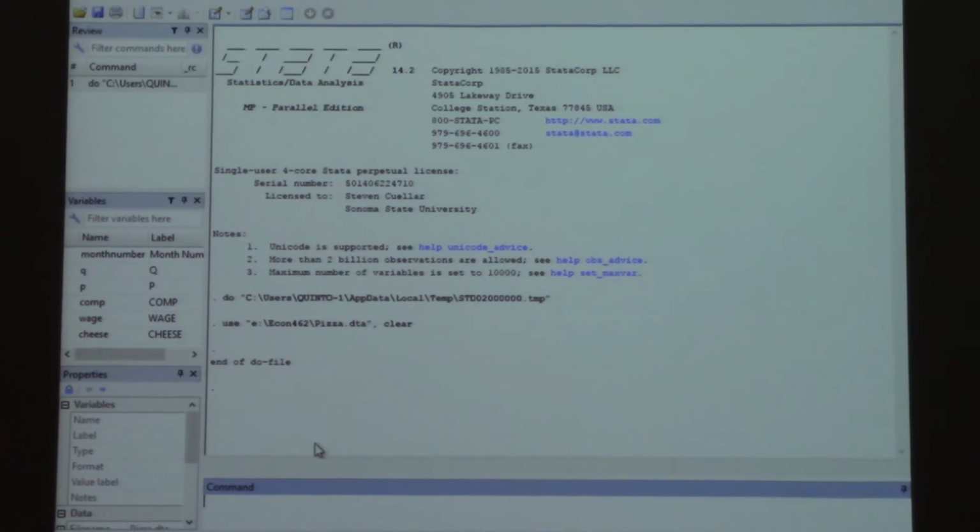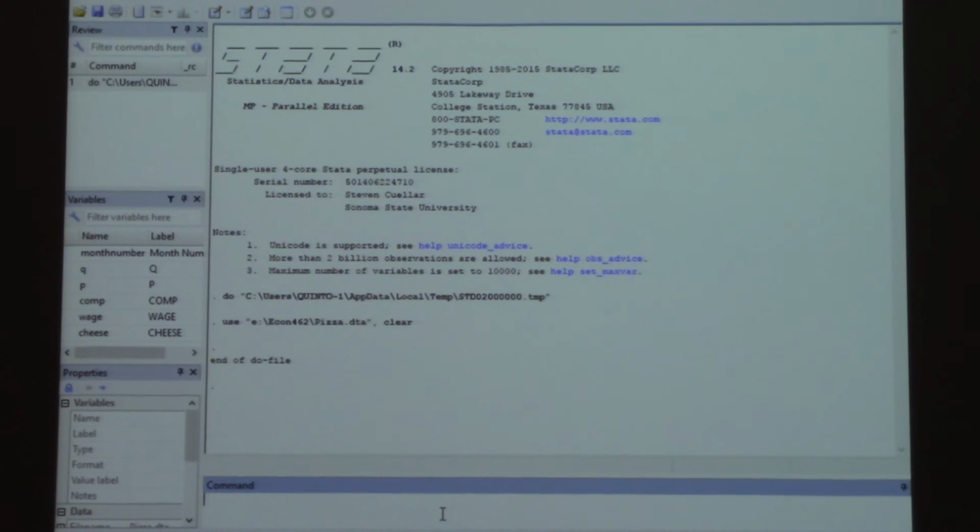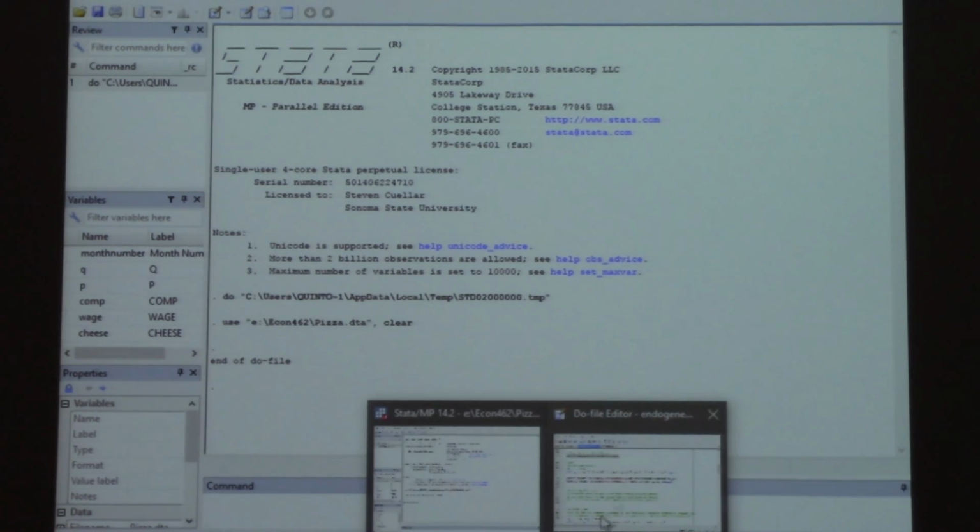So let's assume we're going to estimate a demand curve. So we're going to include those things that belong in demand. So we want quantity as a function of price. Does wage belong in the demand function? Nope. Does the price of cheese belong in the demand function? Nope. But the price of competitors does. So we can do that.